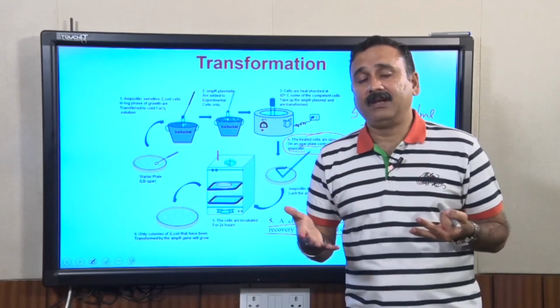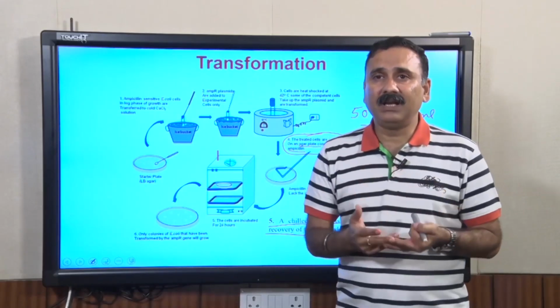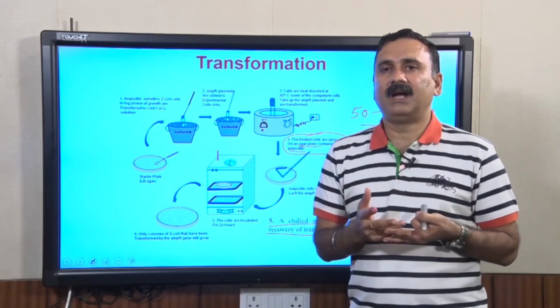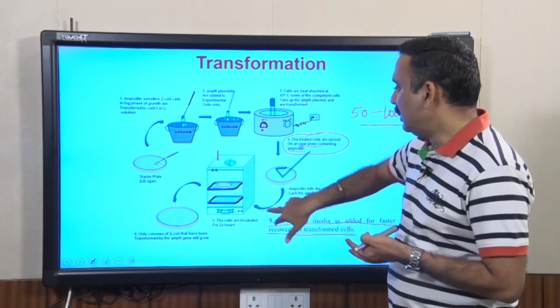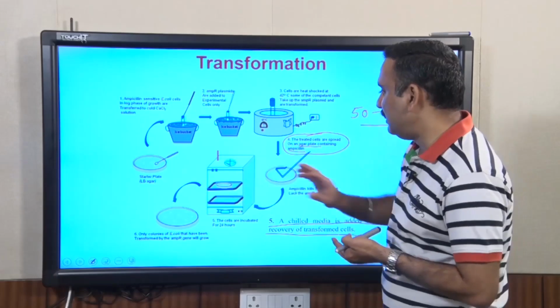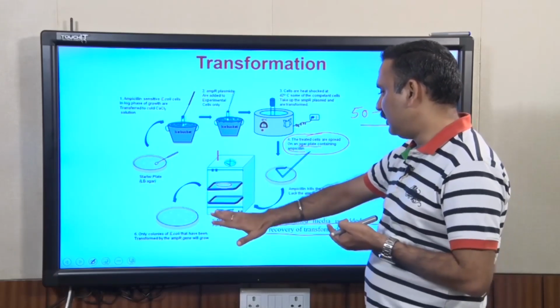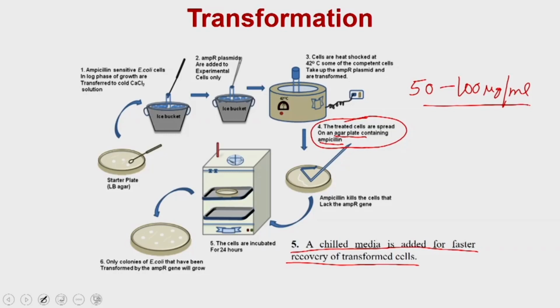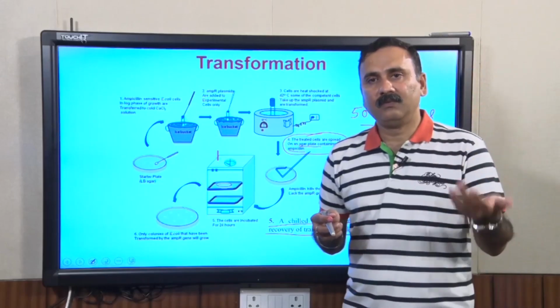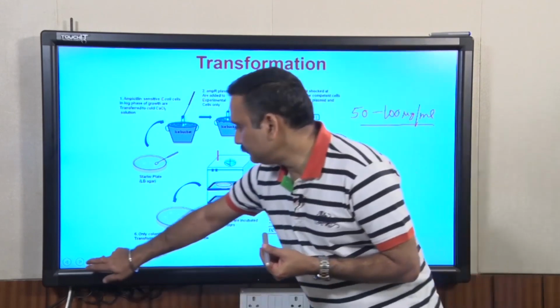If the cells have taken up the plasmid, they will acquire resistance against ampicillin. Then you incubate them at 37 degrees Celsius in the incubator, and the bacteria will grow and give you colonies.